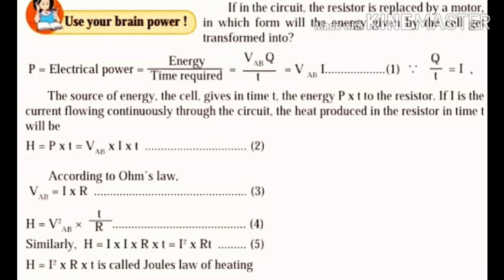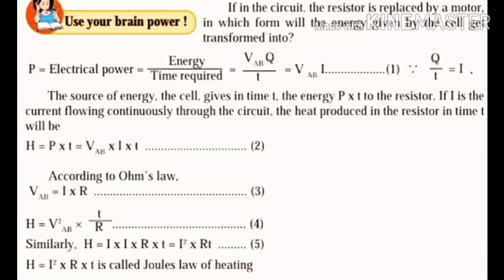If in the circuit the resistor is replaced by a motor, in which form will the energy given by the cell get transformed? P, the electrical power, is equal to energy upon time required, which is equal to VABQ upon time, which is equal to VAB into I, since Q upon T is equal to I. The source of energy, the cell, gives in time T the energy P into T to the resistor.